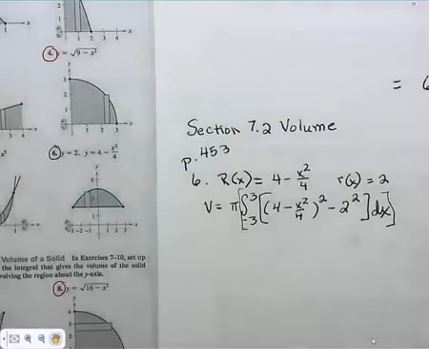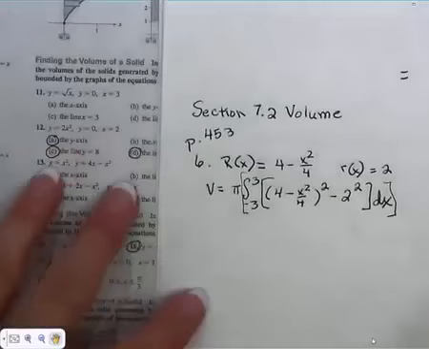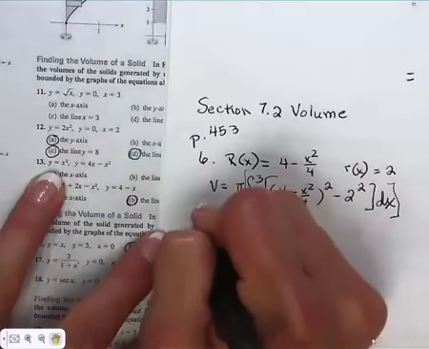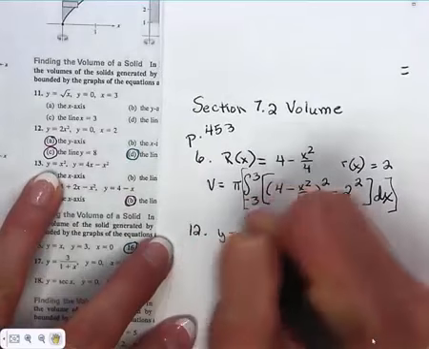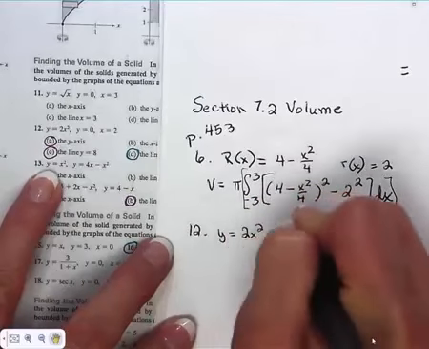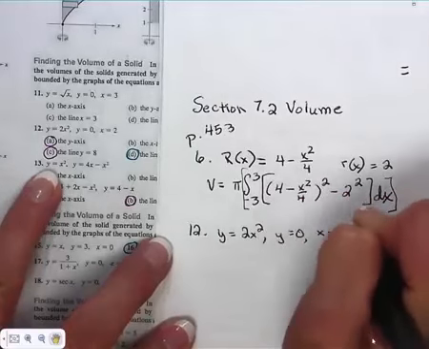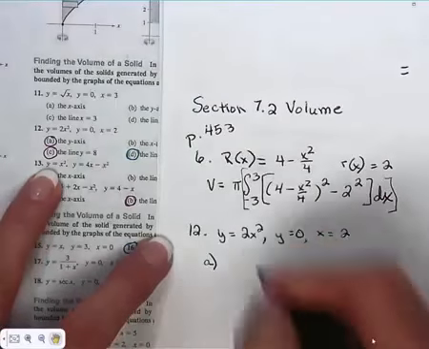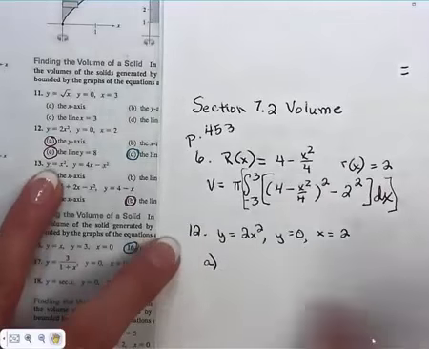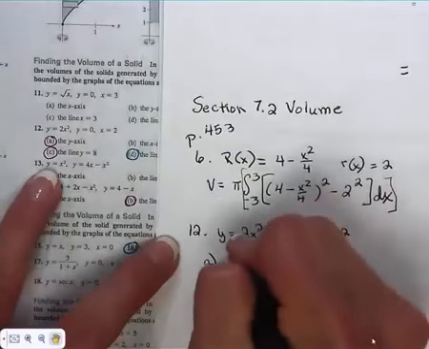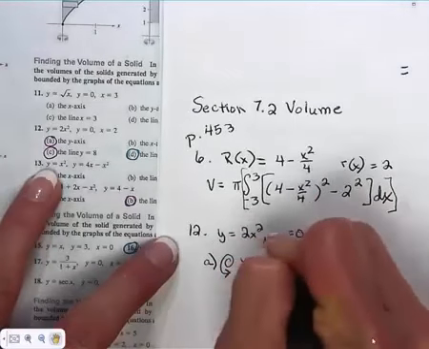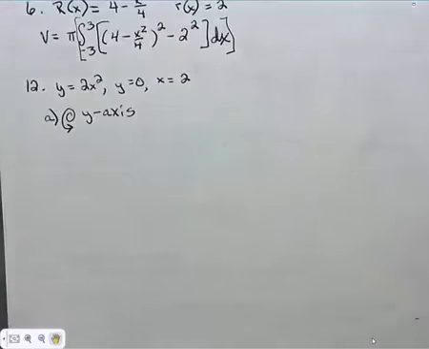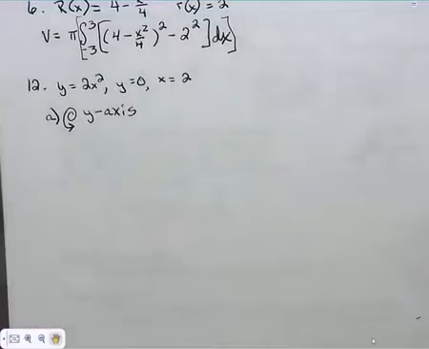So what about one that's not graphed for us already? Number 12. We'll do the A part and the C part, but the A part is rotating this quadratic function around the y-axis. What does around the y-axis automatically tell us?